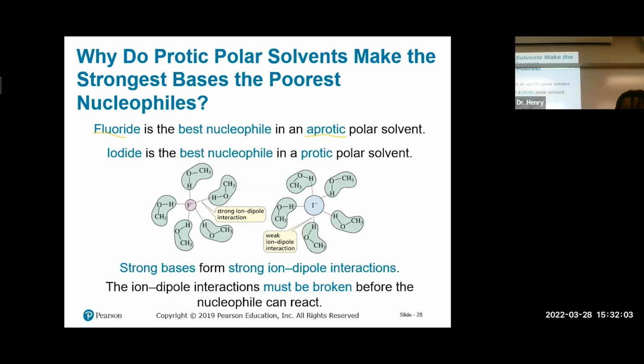The nuclear effectiveness of fluorine, since it's so small, is going to be pulling those things tighter, making it harder to disrupt.